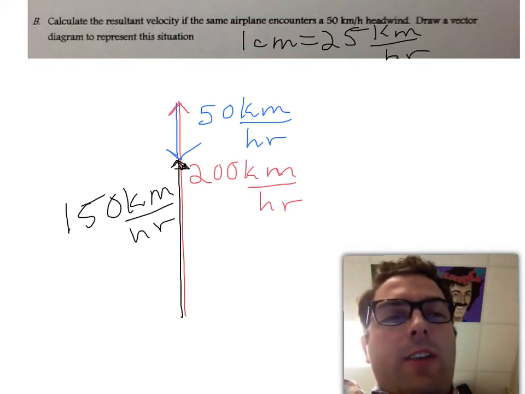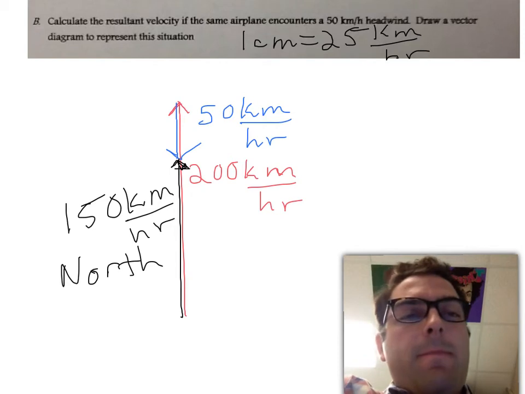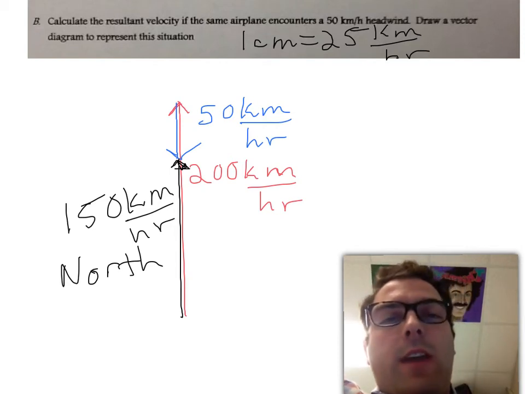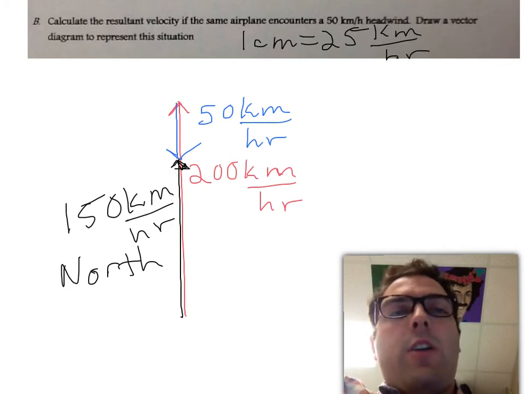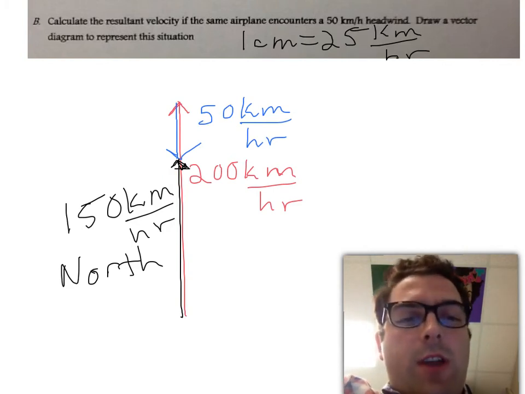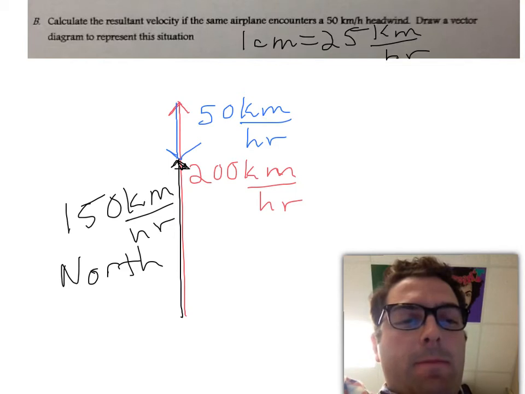And because it's a vector, it has to have a direction, so this is going to be 150 kilometers per hour going north. Again, because the vectors are going in opposite directions, they're actually going to subtract from each other. So altogether, we have a resultant velocity of 150 kilometers per hour going north, because we have to have our directional piece that goes along with it.